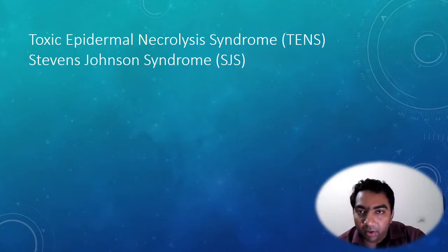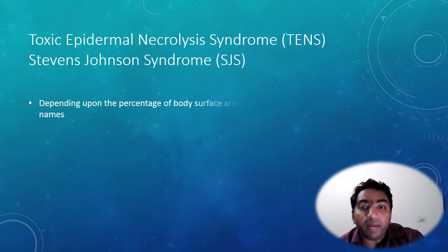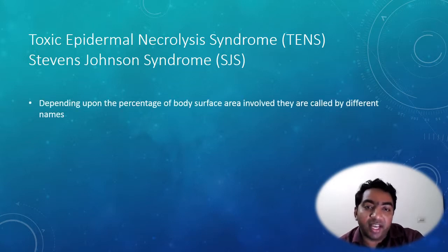Toxic epidermal necrolysis and Stevens-Johnson syndrome: the clinical course, the inciting factors, the treatment, everything are the same. Then how are these different? Depending upon the percentage of the body surface area involved, they are called by different names.